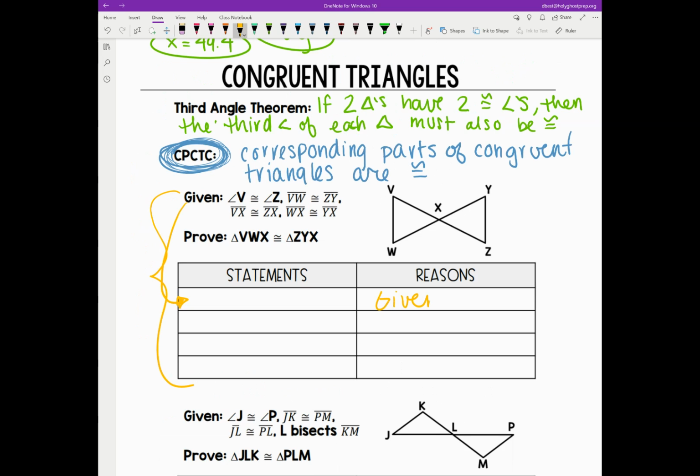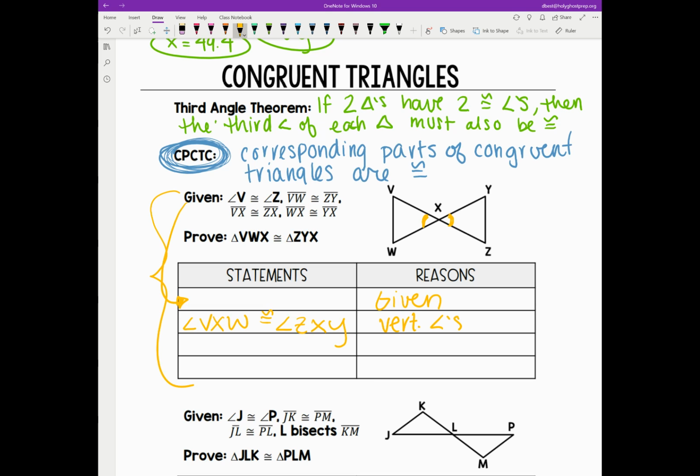So I'm not going to rewrite all of mine, but I'm going to assume all this given information. Then I'm going to use that angle VXW is congruent to angle ZXY. So VXW and ZXY are congruent, and those are vertical angles.